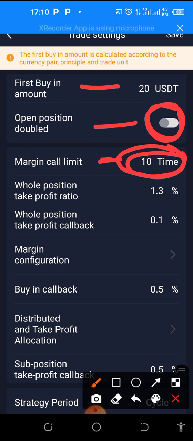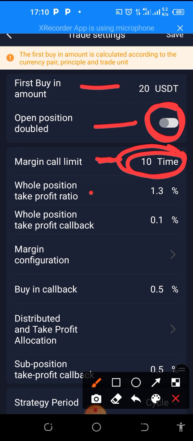The more money you have to trade, the better it can buy the dip for you, because that gives you the best result. The more margin call limit you have, the better profit you make, the longer time you can spend in the market, even when the market is going down trend. So you can make more money even when the market is going down. So that is margin call limit: the number of times you want it to buy for you as the market keeps dipping.